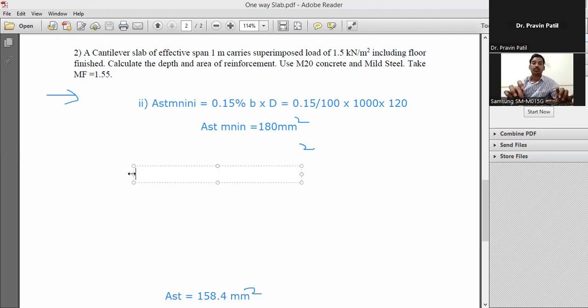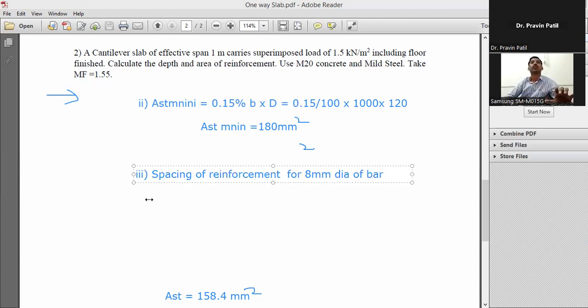Spacing of reinforcement for 8 mm diameter of bar.